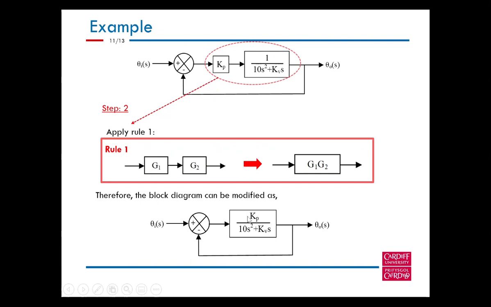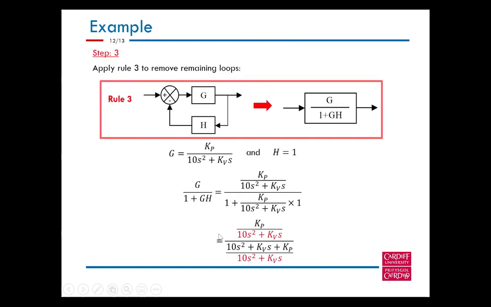So you can put these two together to make this integrated block. Once this is done, you will find there is still a feedback left, so we still need to get rid of the feedback. Again, we need to apply rule 3.